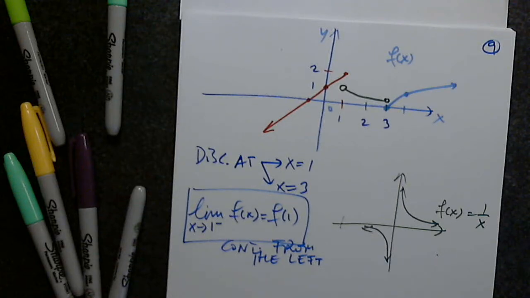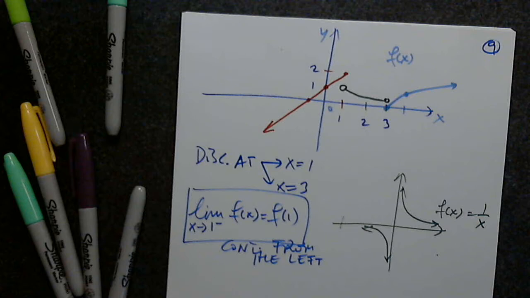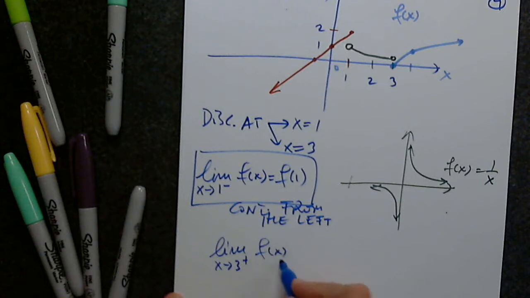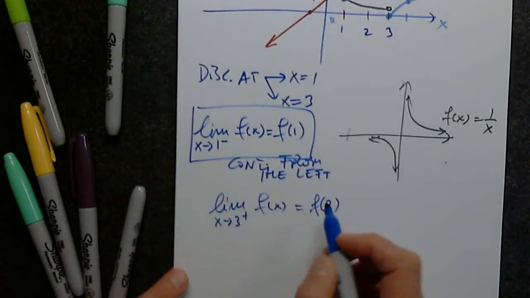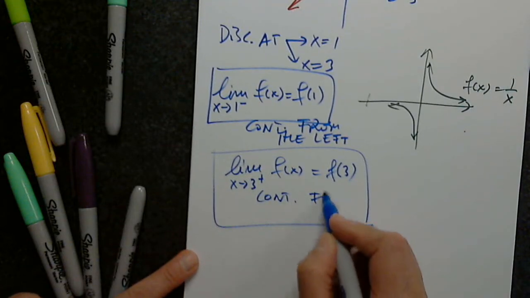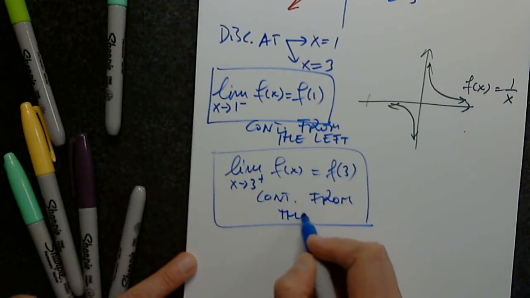Okay, what about 3? What will you say about 3 at x equals 3? Correct. Very good. So limit as x approaches 3 from the right of f of x equals f of 3. And this is continuity from the right.